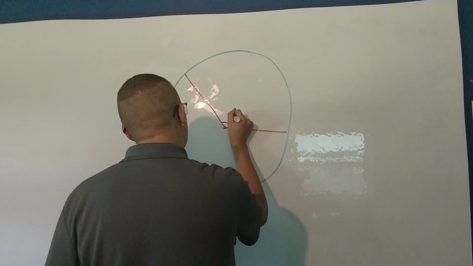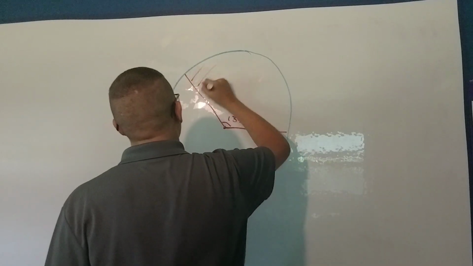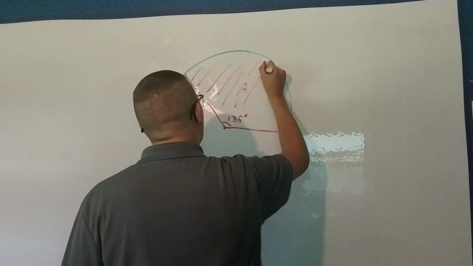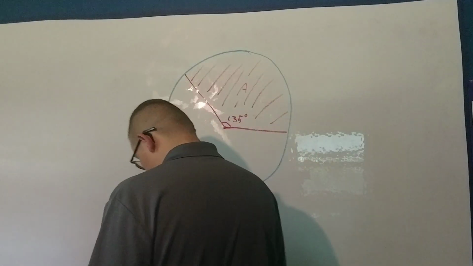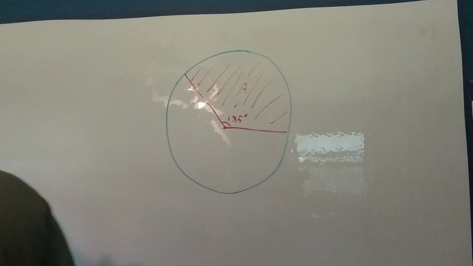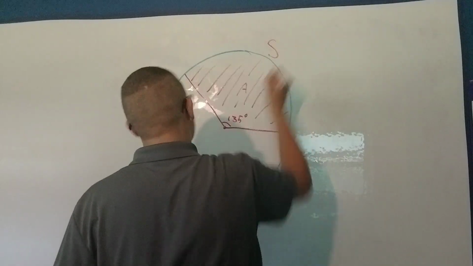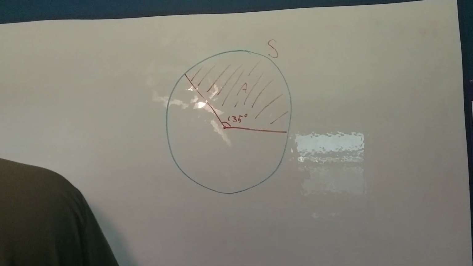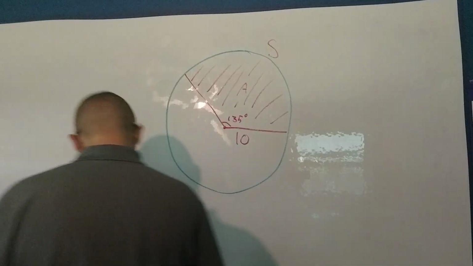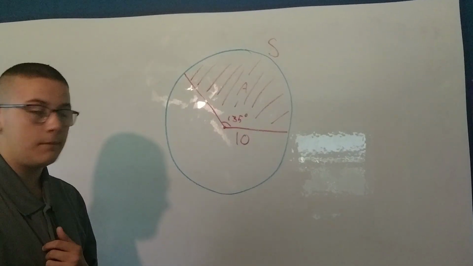Here, this is 135 degrees. And this here is s, and this is 10 units. Our radius is 10. So if you want to pause, try to work this out yourself.